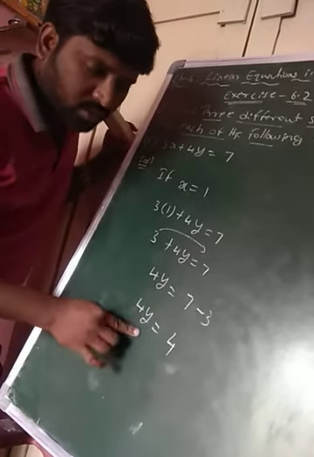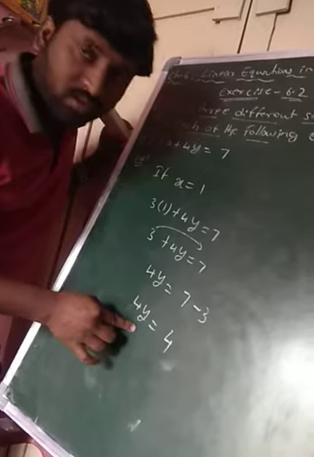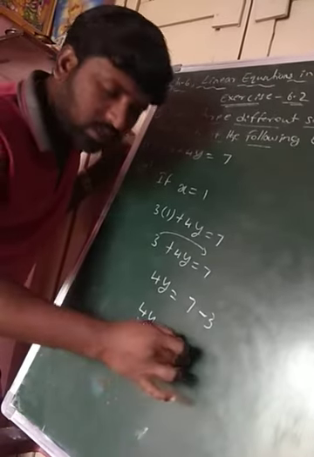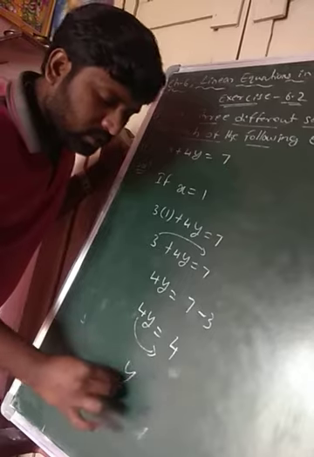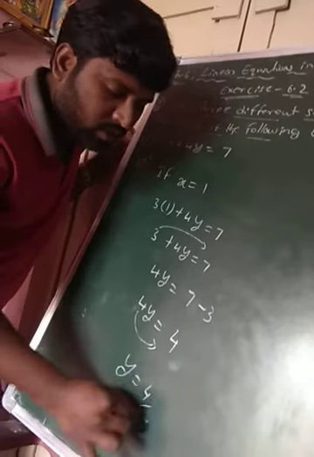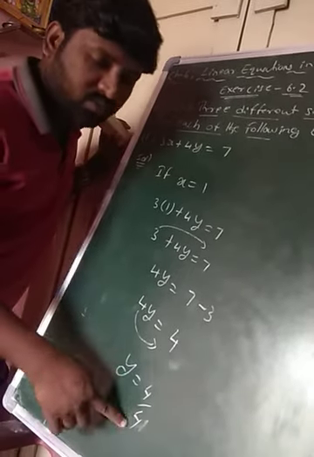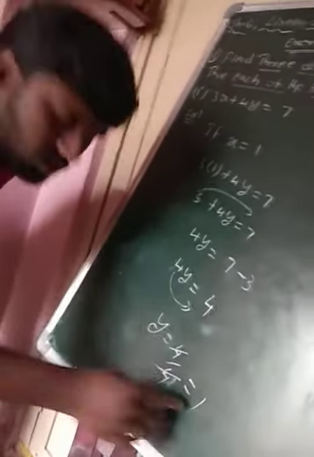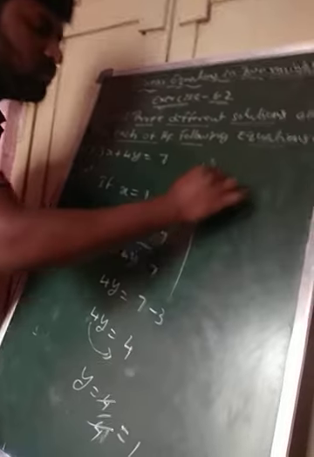We know 4y means the product of 4 and y. Then transposing 4 to the RHS side, y is equal to 4 by 4, and a multiplication quantity becomes a division quantity. The 4 and 4 cancel, giving 1. So y is equal to 1. So therefore what is the solution?